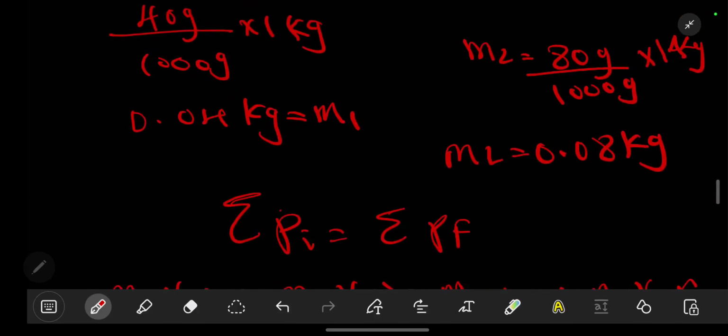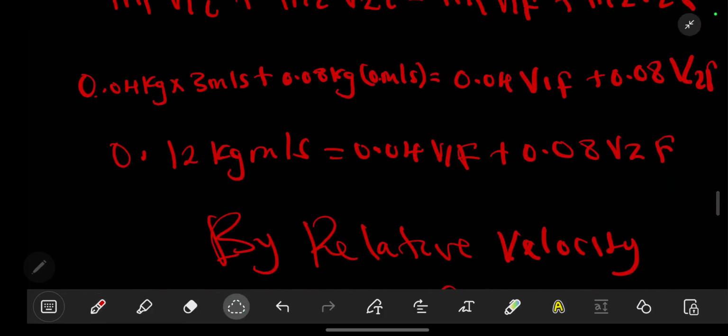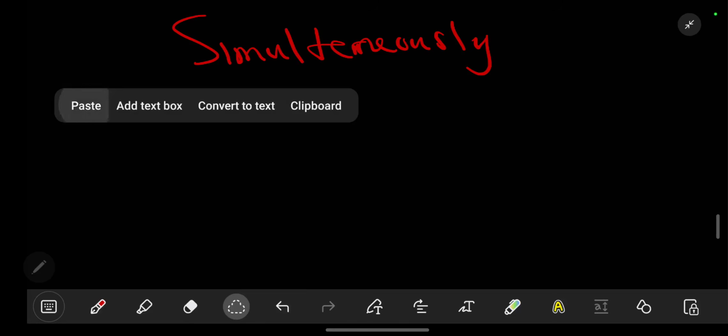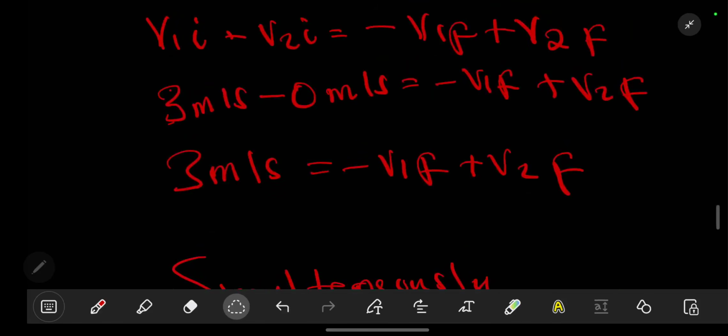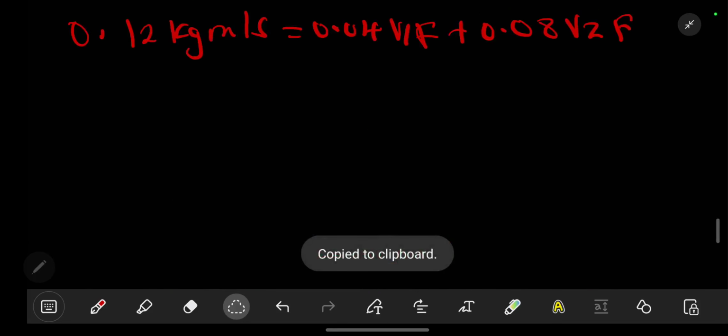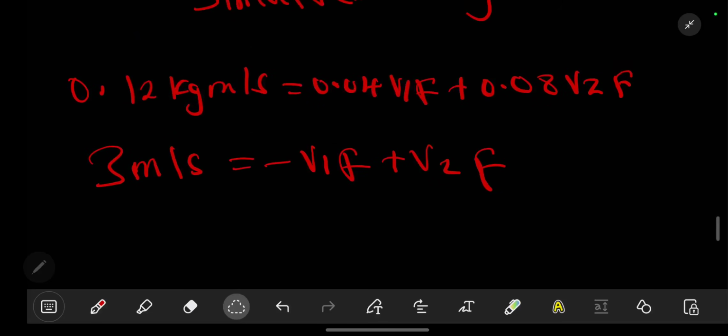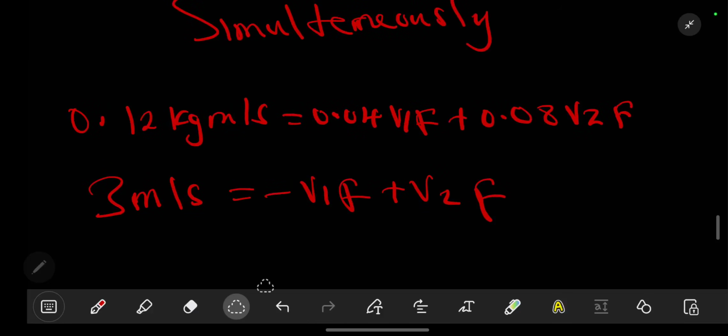We are going to get our equations. Our first equation that we have come up with is this one. Copy it. Get this one as well. Since the coefficients in front of V1 and V2 are different, you can introduce a number by multiplying, but let's not use that because most of you are not conversant with that.